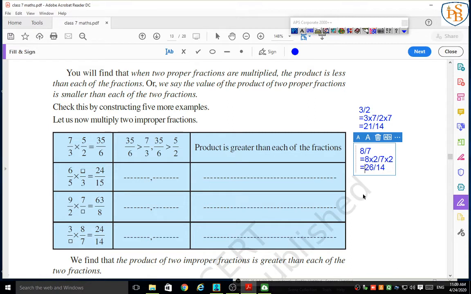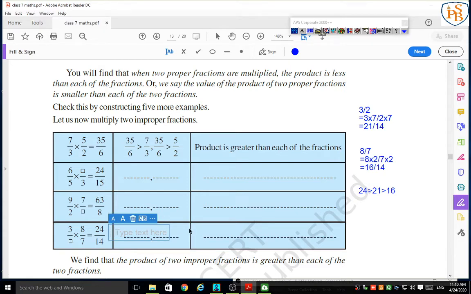Okay, now we are going to compare the numerator because our denominator is the same, that is 14. So my product is 8 times 16. Okay, so my product is 24, which is greater than 21, and again which is greater than 16. So we have to write here, look at here carefully.